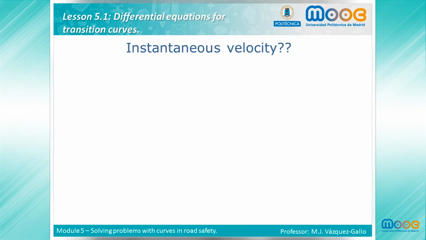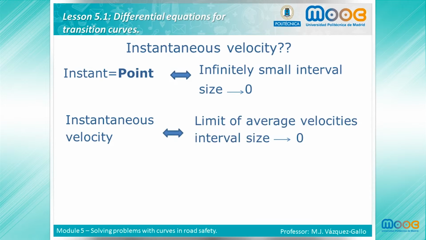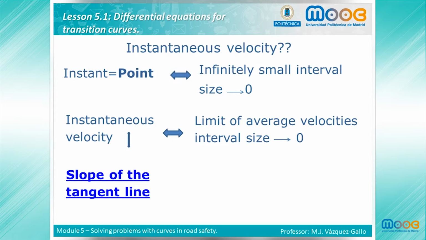In reality, velocity is not constant, and it rather varies with time. So, what is the instantaneous velocity at a given time? An instant of time is a point in the timeline, and we can think about it as an infinitely small interval of time. In this way, instantaneous velocity will be the limit of average velocities when the size of the time interval tends to 0.